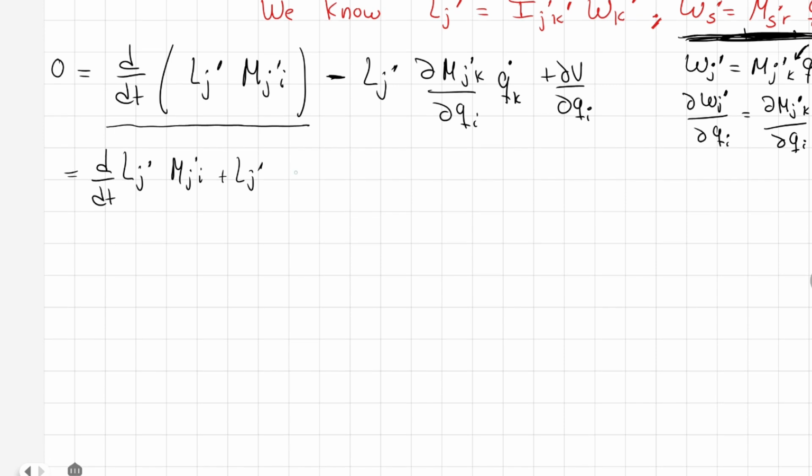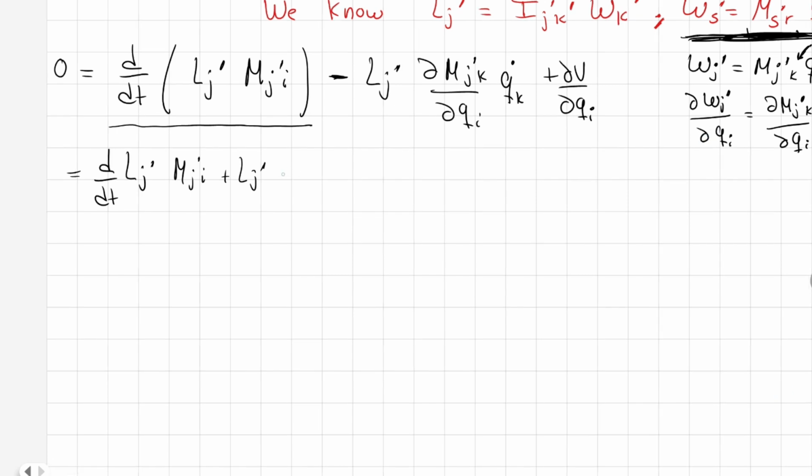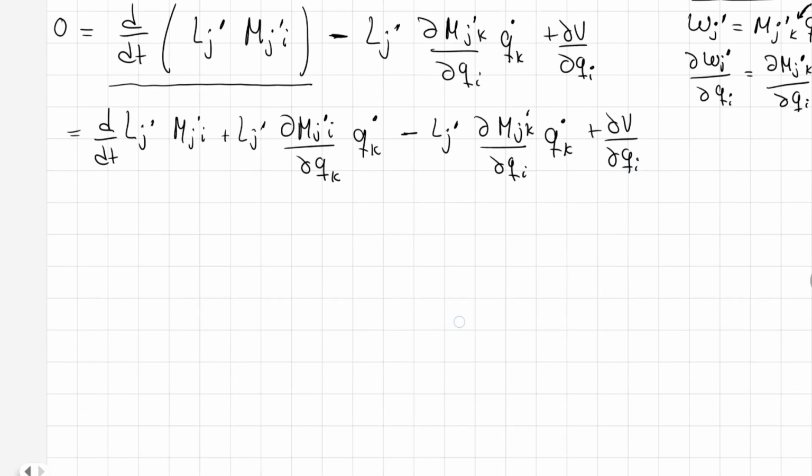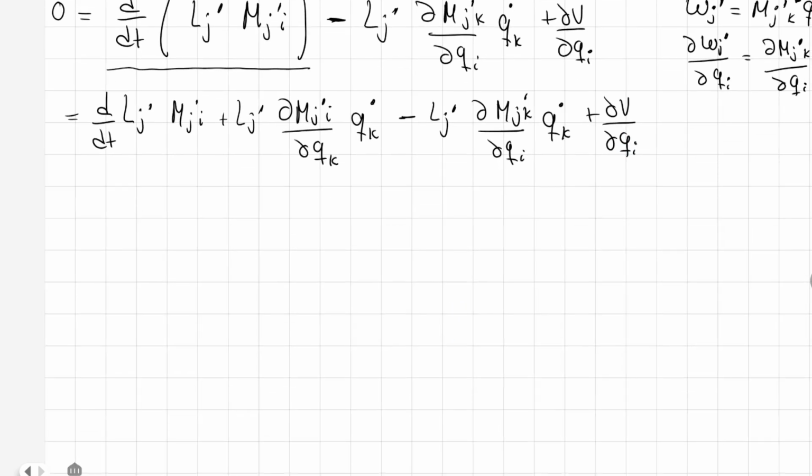If we do that, we are going to get that this will be the partial of m_ji with respect to, let's say, q_k, and then q_k dot. Perfect. Minus l_j, the partial of m_jk with respect to q_i times q_k dot plus the partial of V with respect to q_i. Okay, perfect.